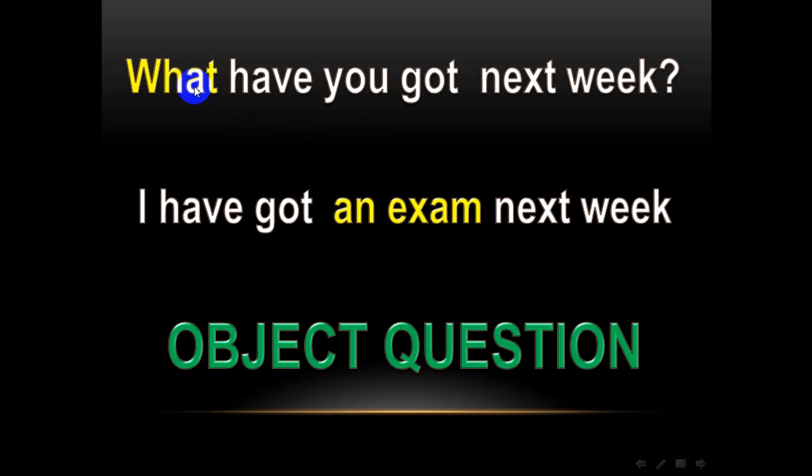What, WH word. Have, auxiliary verb. Very good. You, the subject. Here I turn it into you. I can't use I. I ask you: what have you got next week? You can answer an exam.